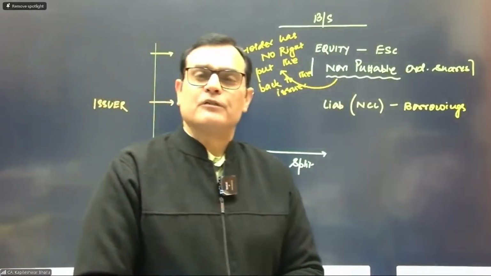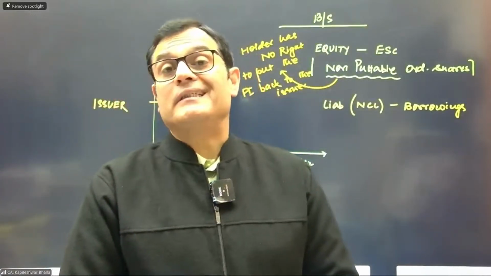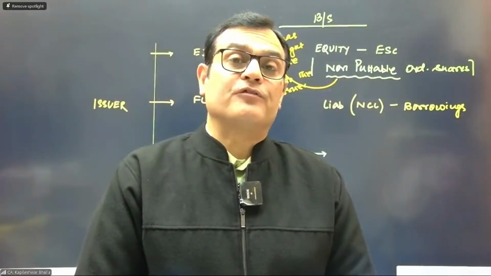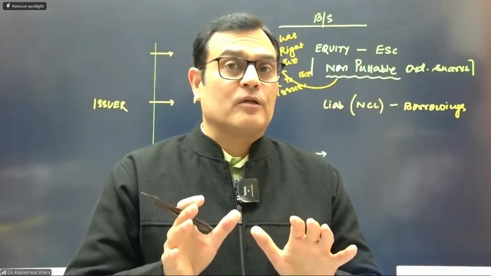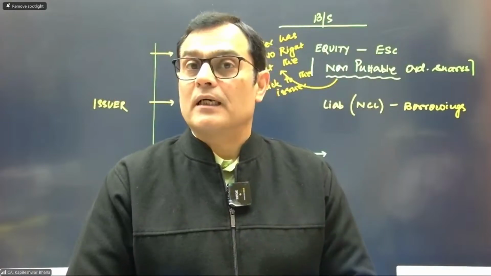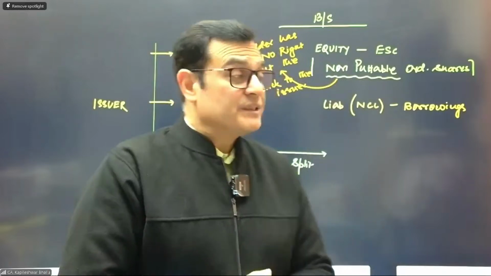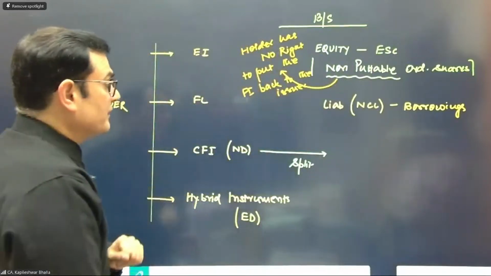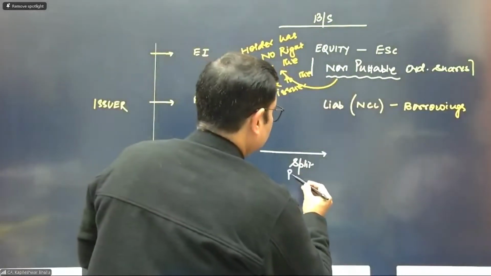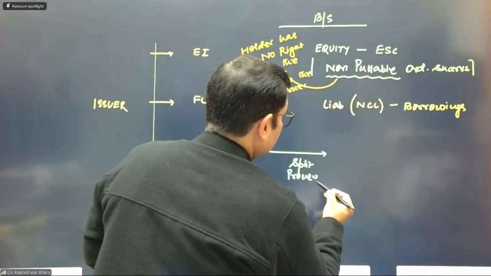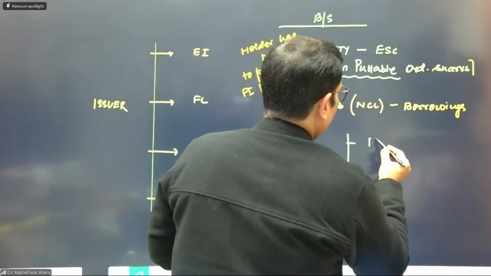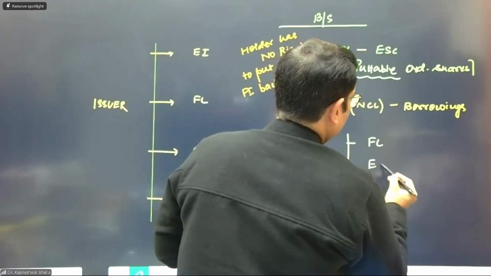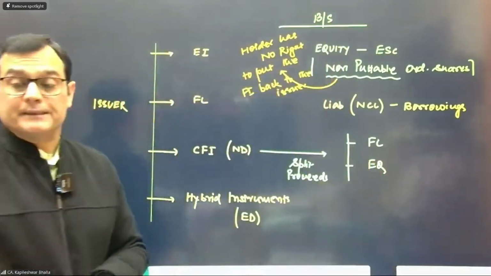Though I gave you a very basic flavor of how the proceeds are split in terms of FL as well as in terms of equity, we're going to get a lot of flavor of split accounting today. When you consider a compound financial instrument, we split the proceeds of the instrument into the financial liability as well as the equity component.